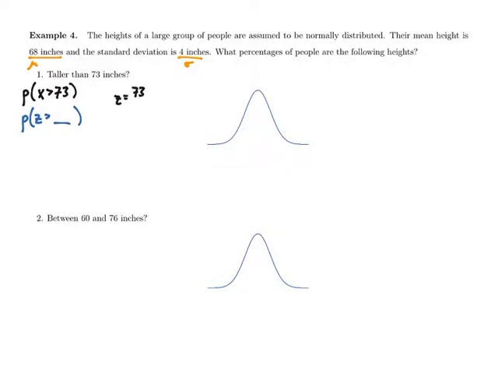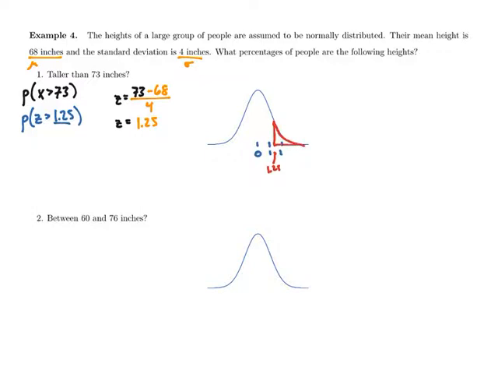So we do 73 minus our mean, 68, divided by 4. So that's going to be z equals 1.25. So we're trying to find the probability that z is greater than 1.25. We've done this problem before.